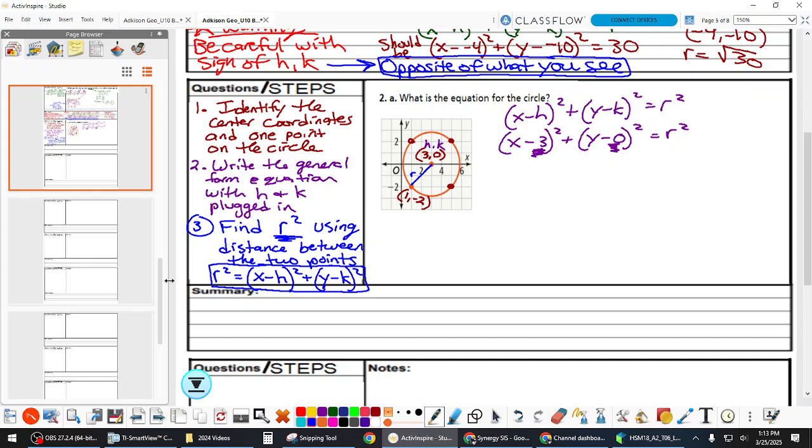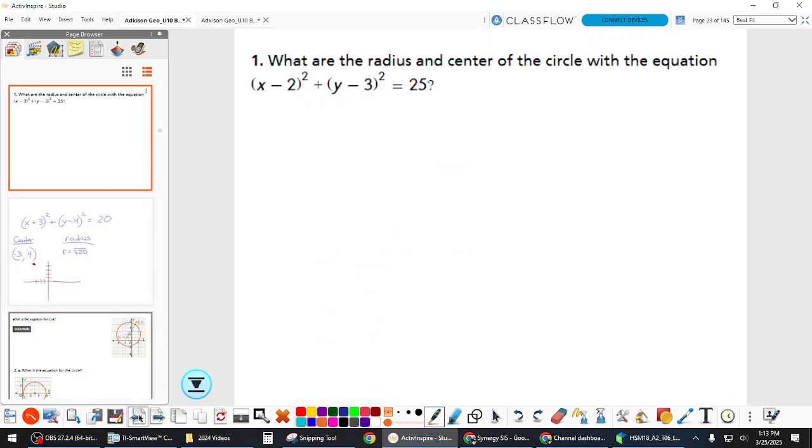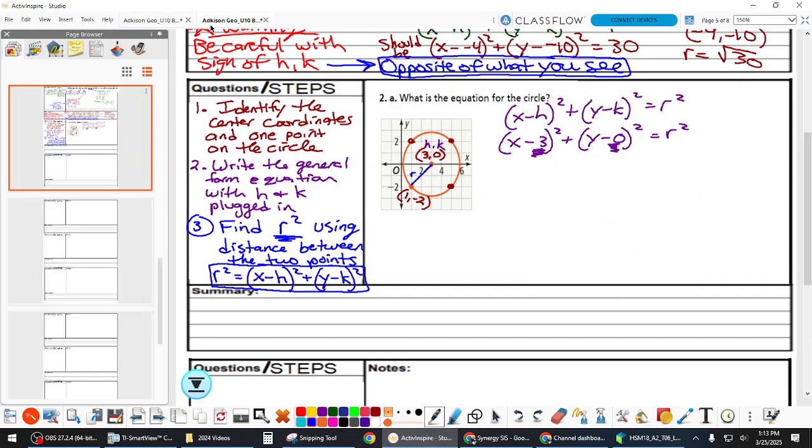How come it's not on there? Just reminding you, just a minute ago we wrote this. So why is that one square rooted? This one's not.